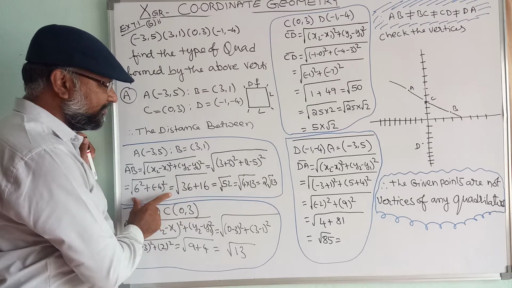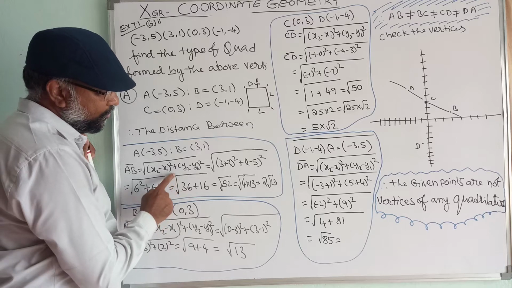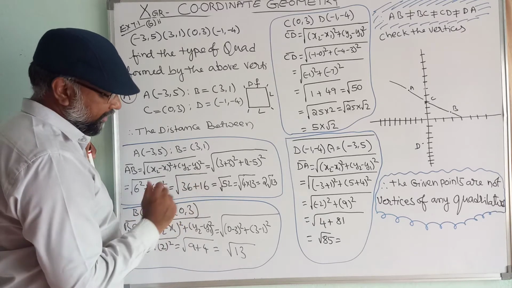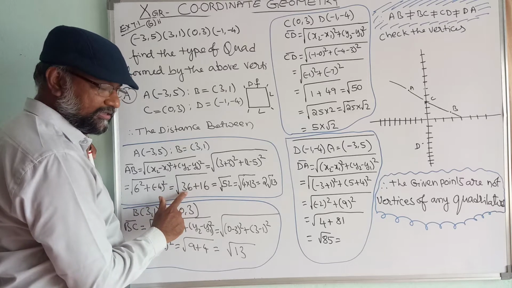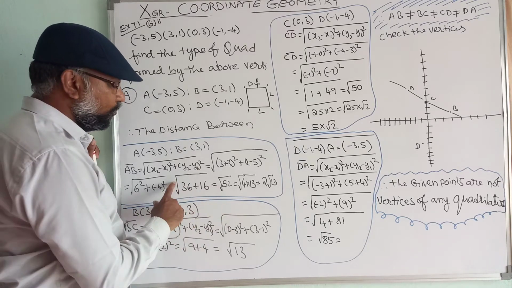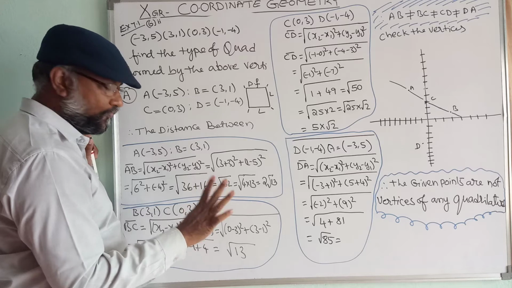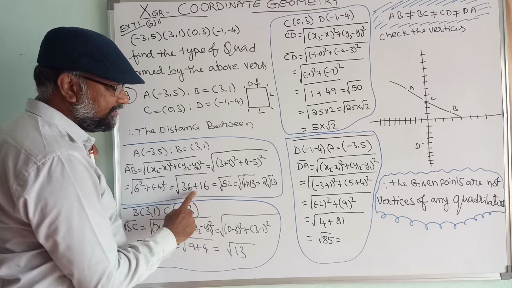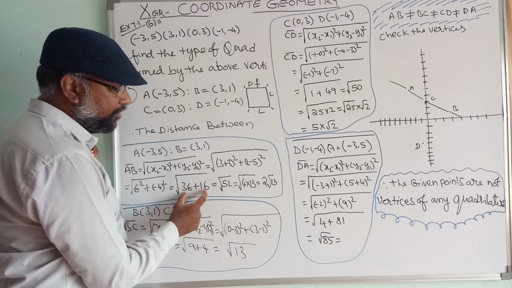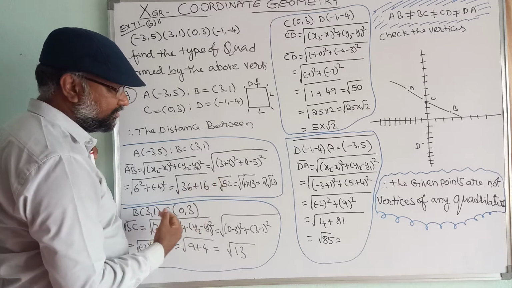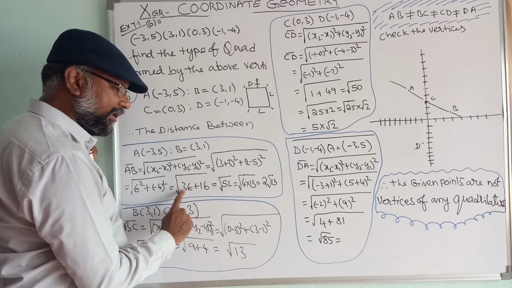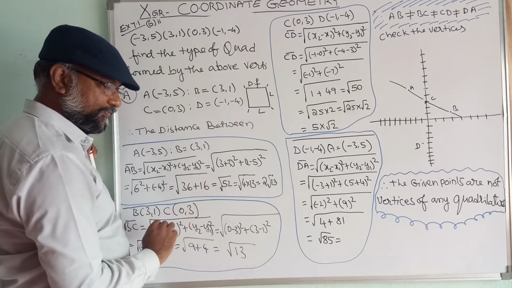Substitute, simplify. See here, root of 36 plus 16. It looks like root of 36 is 6 and root of 16 is 4. But here we have a plus, which means they are two terms, so we cannot apply the root separately to the terms.